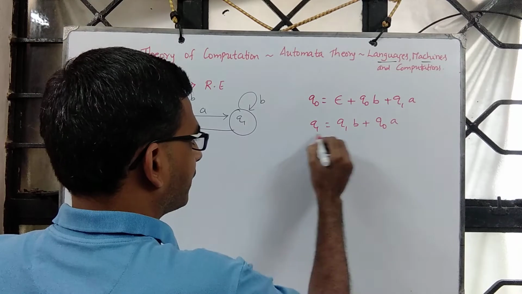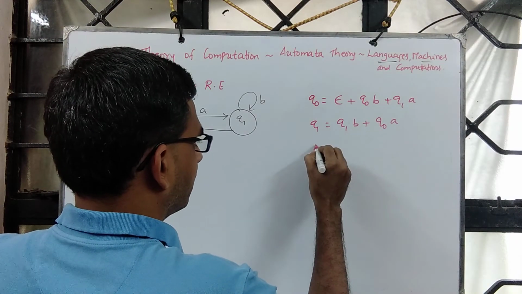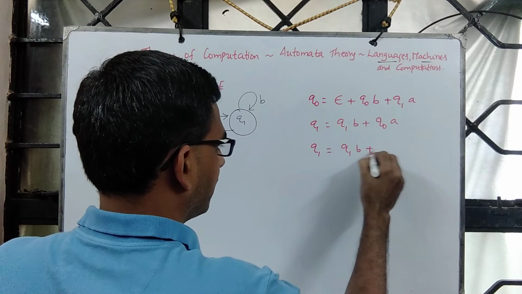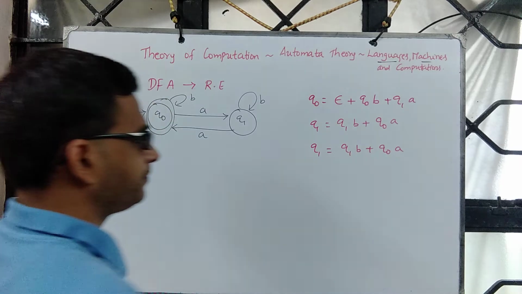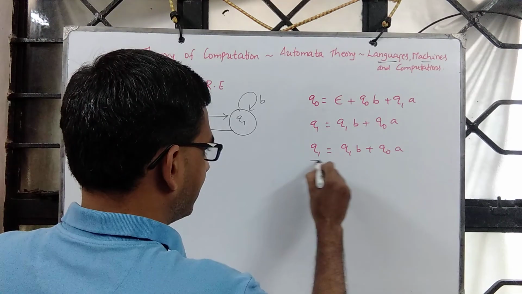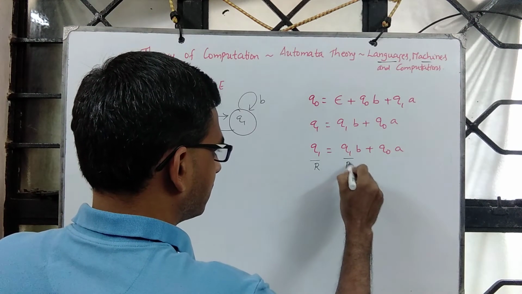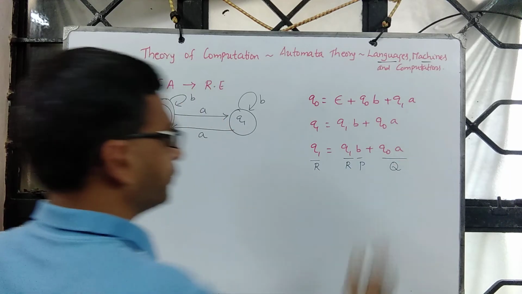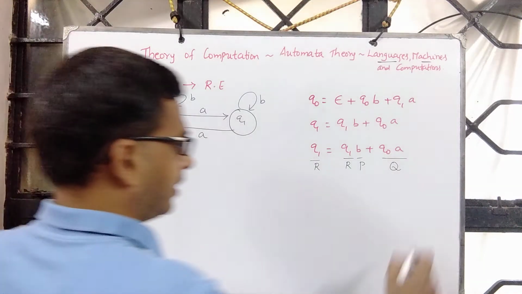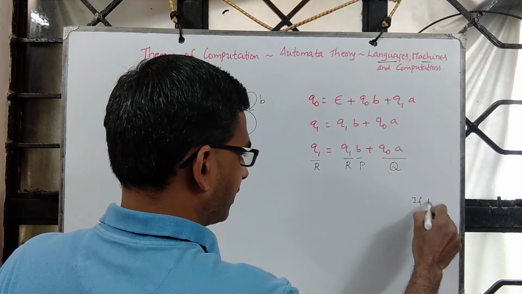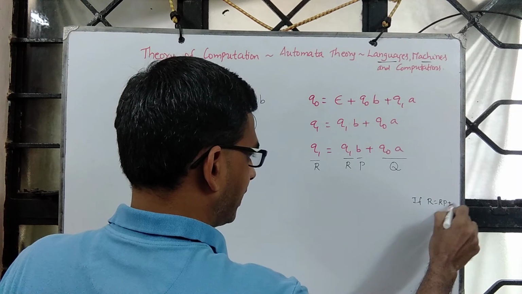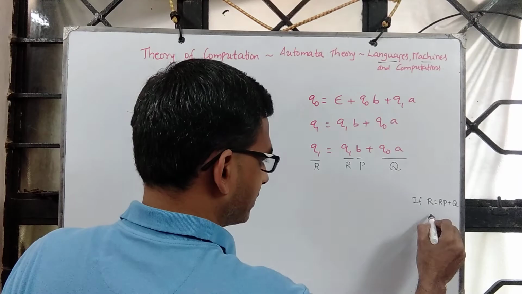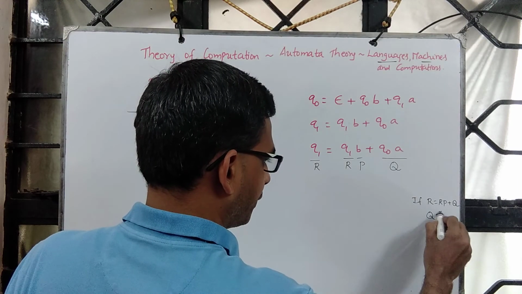What we do, we look at this. When we look at this, it is Q1 equals Q1 B plus Q naught A. This can be seen as R equals RP plus Q. And Arden's theorem says if R equals RP plus Q, then it is QP star.